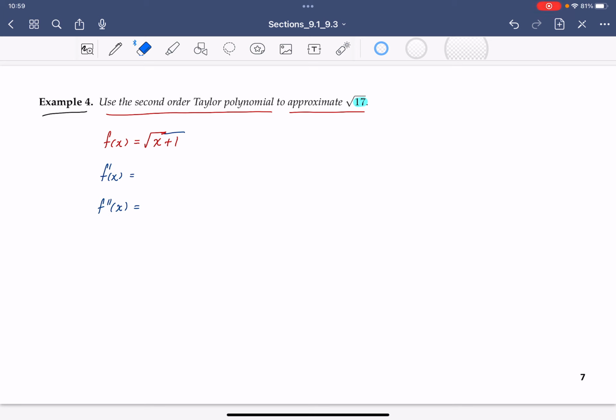What is the purpose that I put this question here? One second, let me double check with my notes. I'm pretty sure I put this question for a purpose. The idea is that 17 is going to be close to 16. Yes, that's right. So we're trying to plug in some number such that when we compute f prime and f double prime, it's going to be easier to compute.